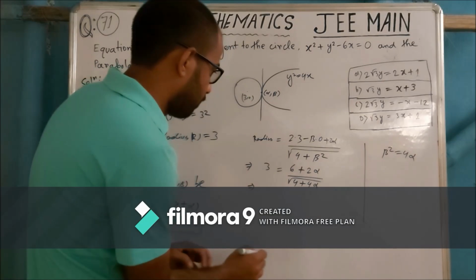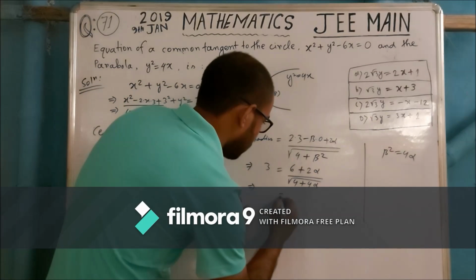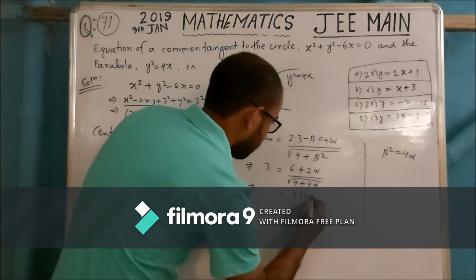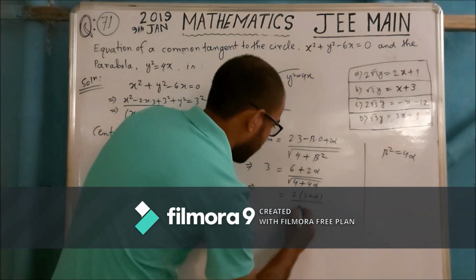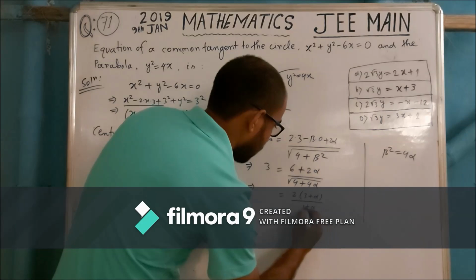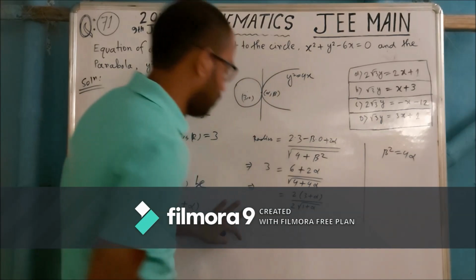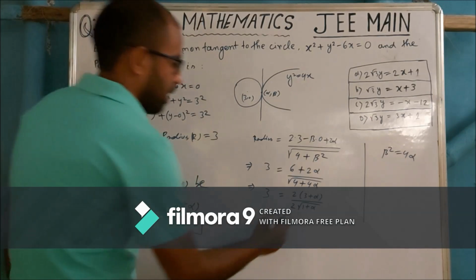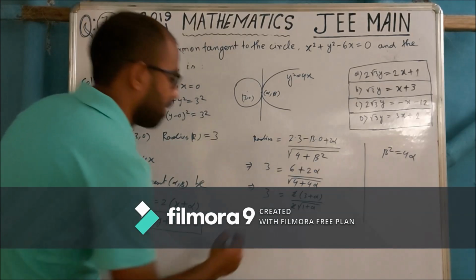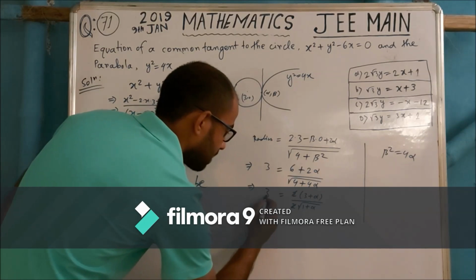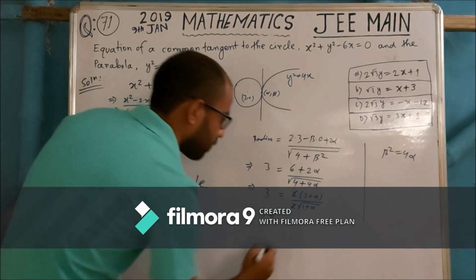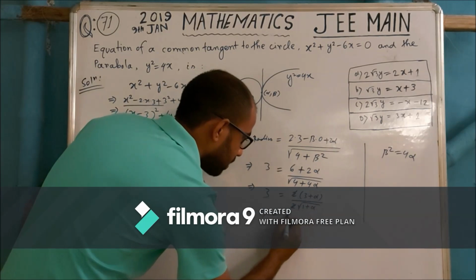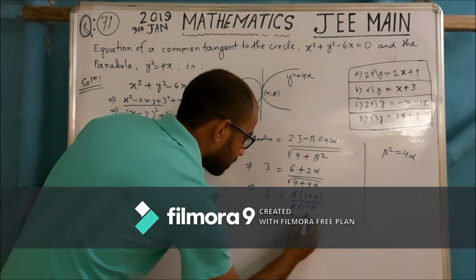And now, 2 into (3 plus alpha) by 2 root (1 plus alpha) equals 3. This 2 and this 2 cancel out. Squaring both sides, we get 3 square, that means 9, times (1 plus alpha), equal to (3 plus alpha) square.